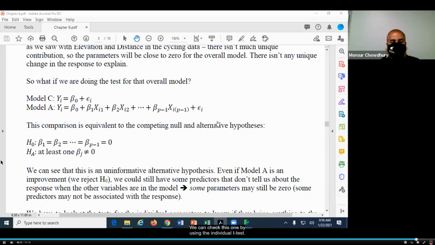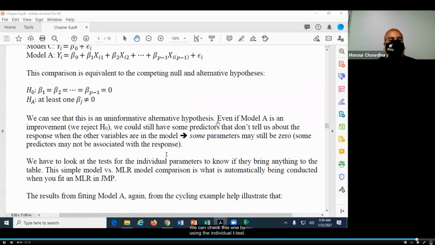So we can check this by using the individual t-test. So how can we know that even though the overall model is useful, not all the variables are useful? We can check it by using the individual parameter estimates.